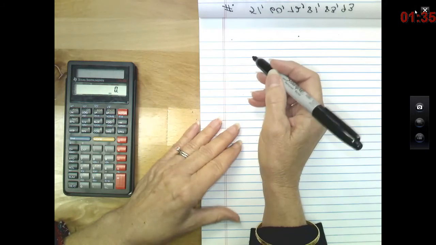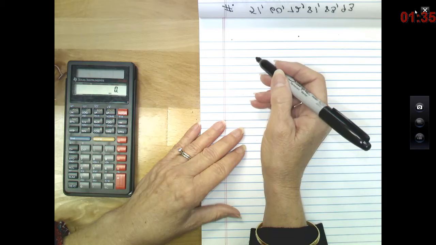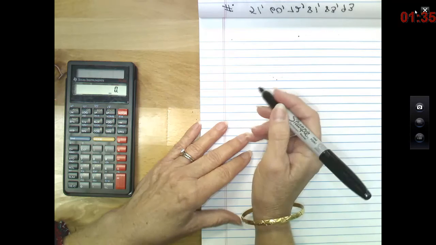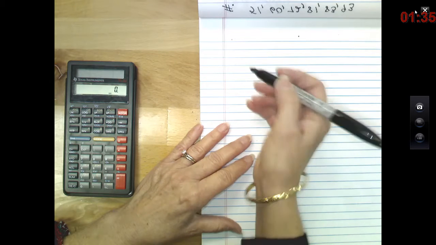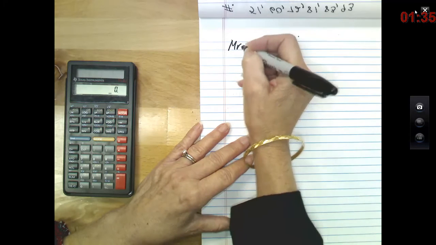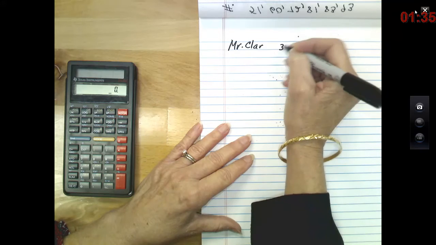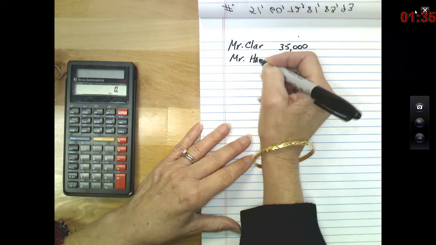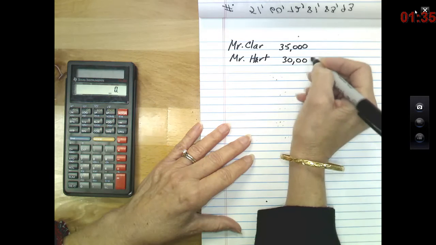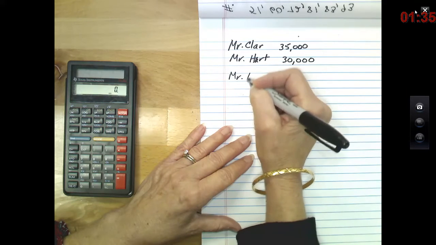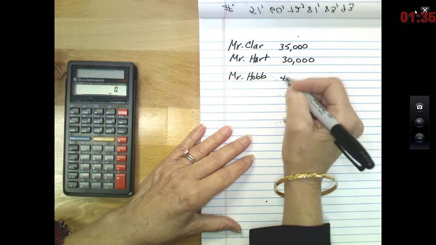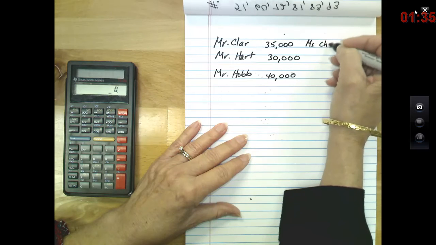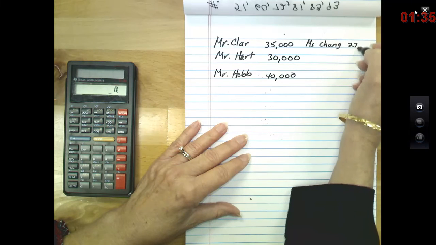Okay, I'm going to give you this problem, so you'll need to write it out. The employees and salaries are listed for a particular company, and you're going to find some different things out about this company. You've got Mr. whatever his name is, 35,000. Mr. Hart, 30,000. Mr. Hobb, you just write these down. And we have Miss Chung, 27,000.